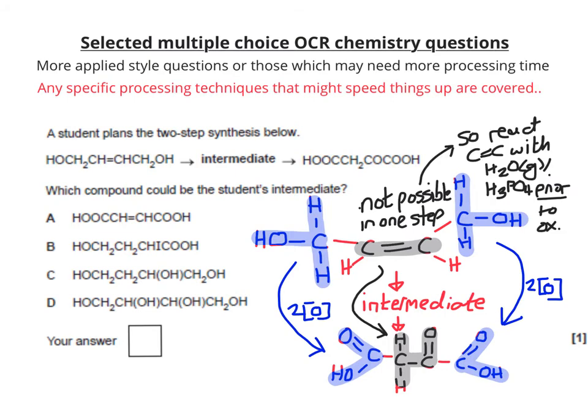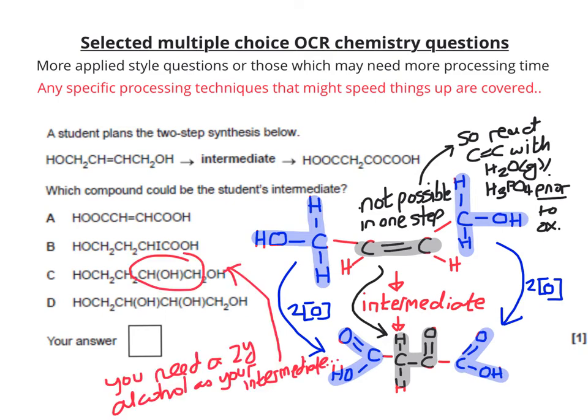If you react the alkene with water or steam in the presence of H3PO4, before you do any oxidizing, that's going to turn the C=C double bond into a secondary alcohol. So you want to find an intermediate that has a secondary alcohol. That leads us to C as the answer for this one.